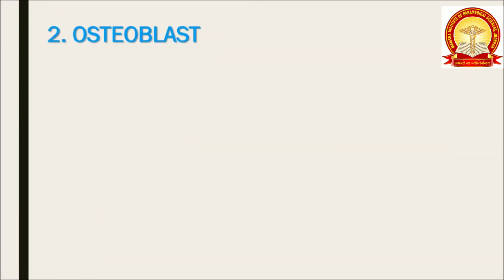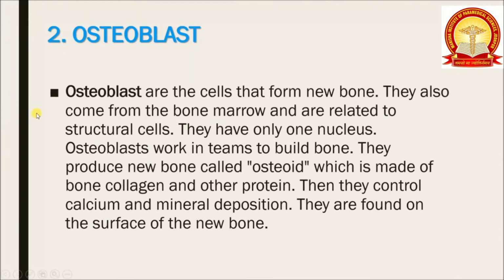And next, or second, is osteoblast. Osteoblasts are the cells that form new bone. They also come from the bone marrow and are related to structural cells. They have only one nucleus.